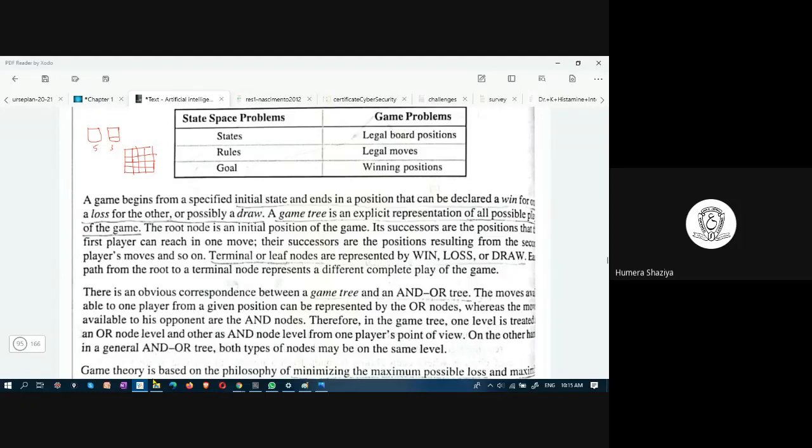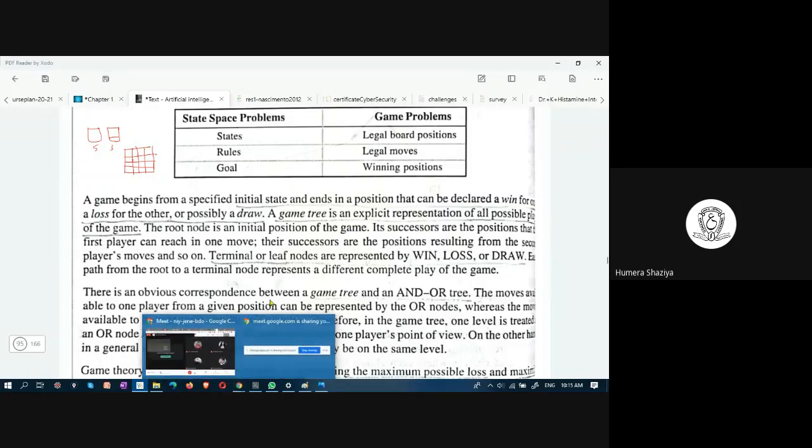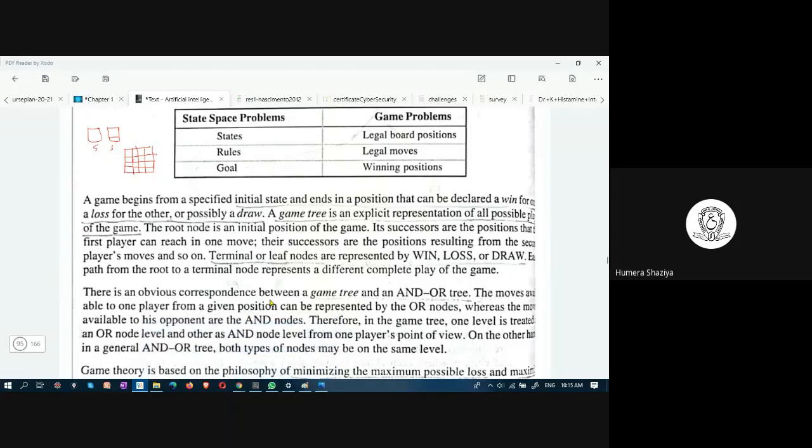Whenever a game begins, it begins with the initial state, and it follows a number of moves, and ends with a win, loss, or draw.